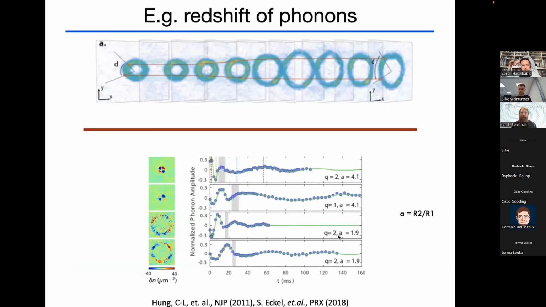So what I'm highlighting now is our first foray into this direction, which is expanding ring-shaped Bose condensates. What the top picture shows is a nice frame series that Steve Eckel put together, showing our initial Bose condensate staying constant in time, and then having its radius expand for some period of time before once again remaining constant in time.